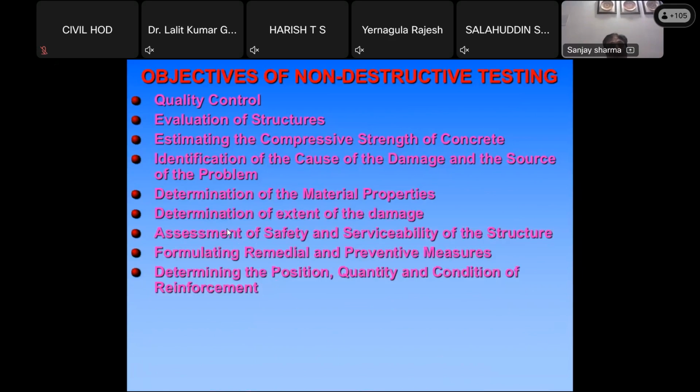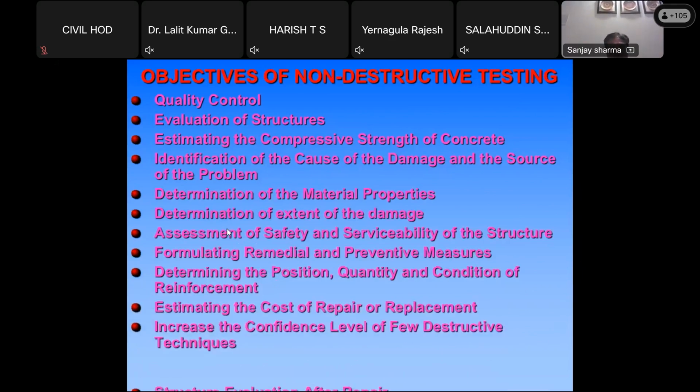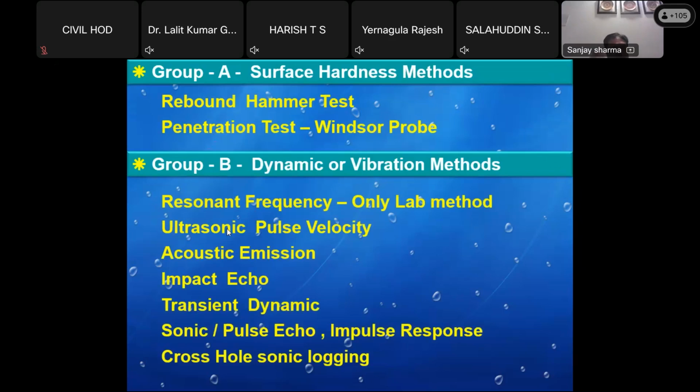You need to know the reinforcement details also. Depending upon that, we can use different types of NDT techniques in our structures. I'm not going into detail, sometimes case study. Let us just go through the various types of methods.